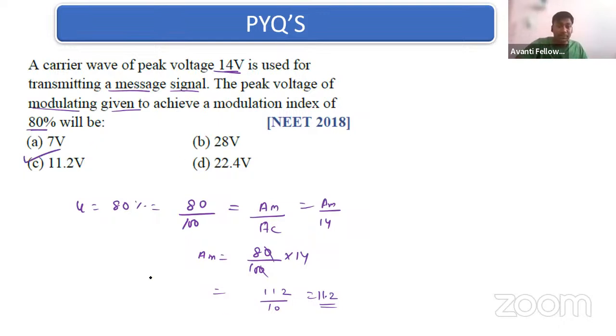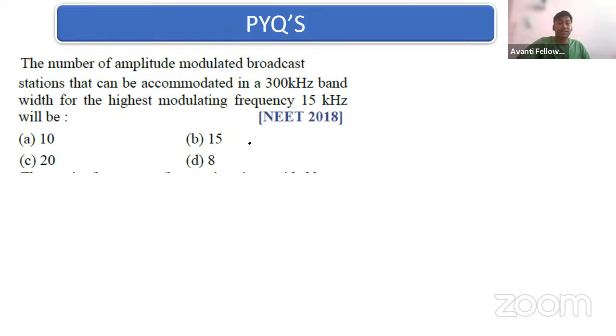Okay. Now this is the last question of this class. The number of amplitude modulation broadcast stations that can be accommodated in a 300 kilohertz bandwidth, given the highest modulating frequency. See, in this question, we need to find the number of amplitude modulated broadcast stations.